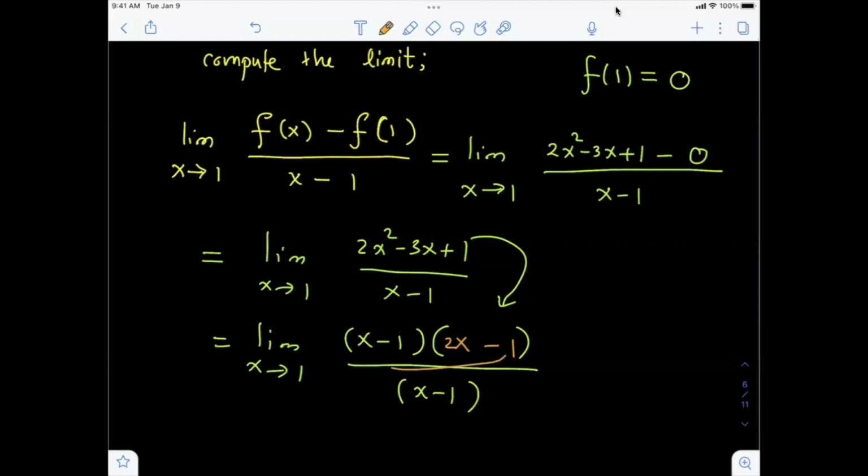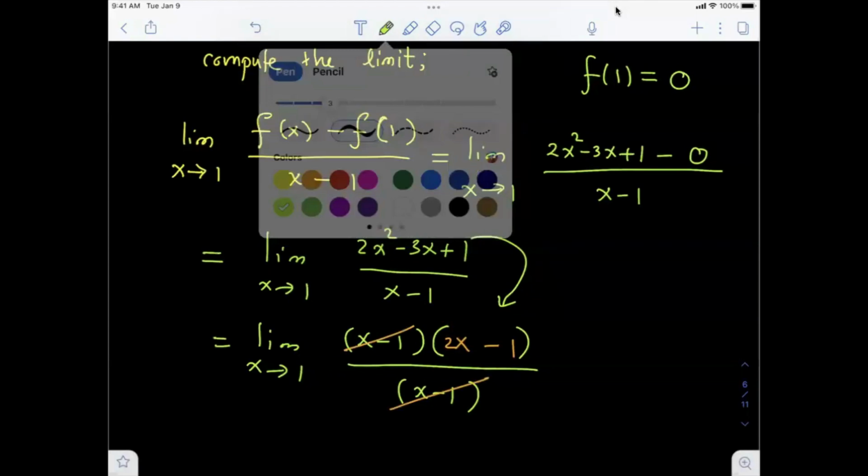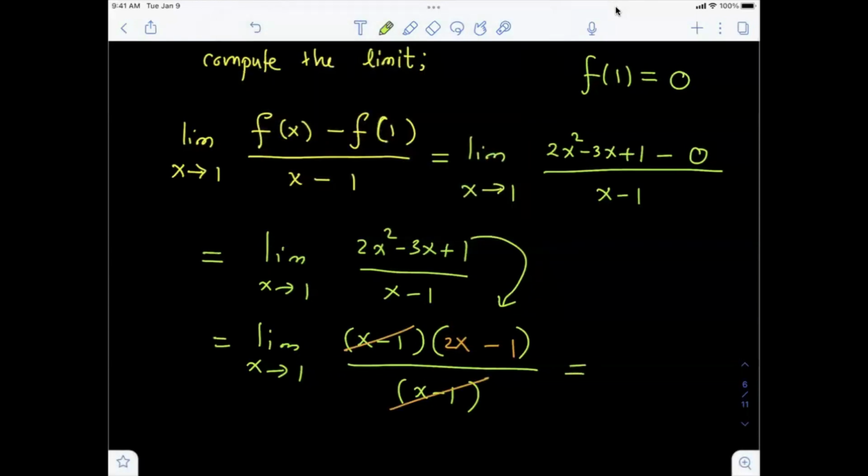And then when you multiply these two terms, you're going to get minus x. So minus 2x minus x, it's going to be minus 3x. That balances perfectly. So with that, here we can cancel the bad factor. And once we do that, in the denominator, don't forget we have 1. It's not 0, right? So now plug in x equals 1 right here. So you're going to get 2 times 1 minus 1 divided by 1. So it's going to be 1.